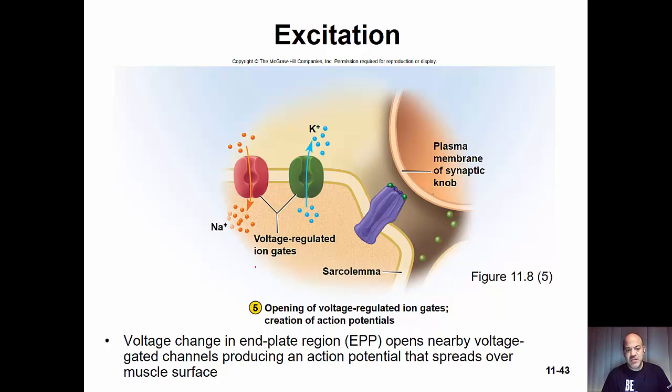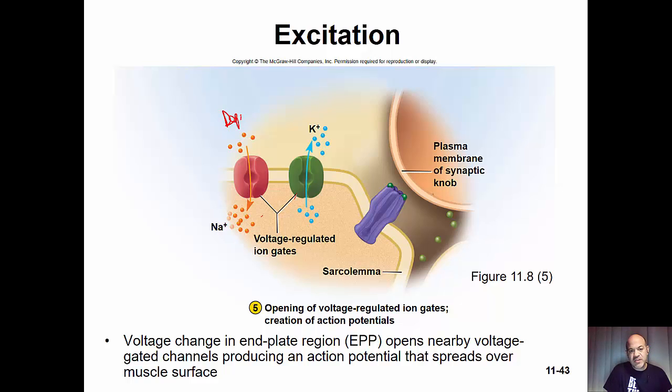Now, as we get near the ends of the neuromuscular junction here, nearby along the sarcolemma, you're going to have a specific voltage gated channel. So here's your ligand gated, but here's specific voltage gated. So as the membrane potential changes here in the end plate area, end plate potential, that change in voltage now is going to activate sodium gates to open up. So the sodium gates open up, we rush in, we're going to get a depolarization right here.